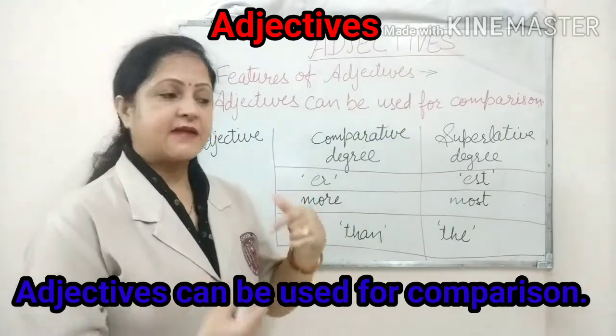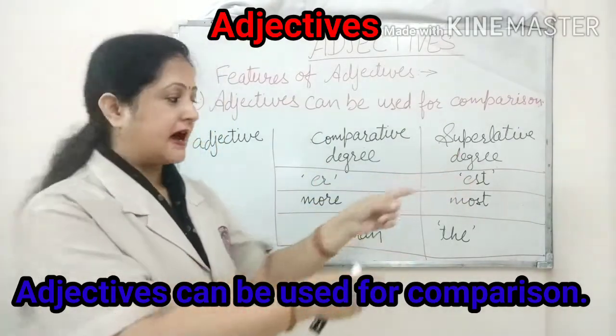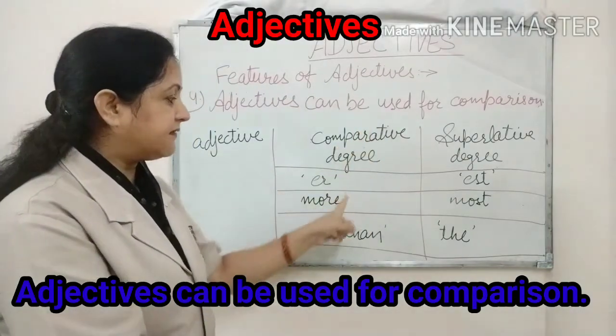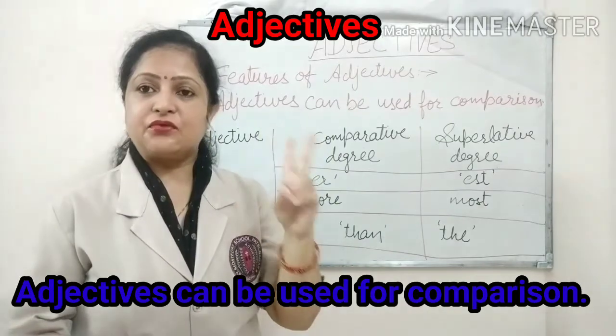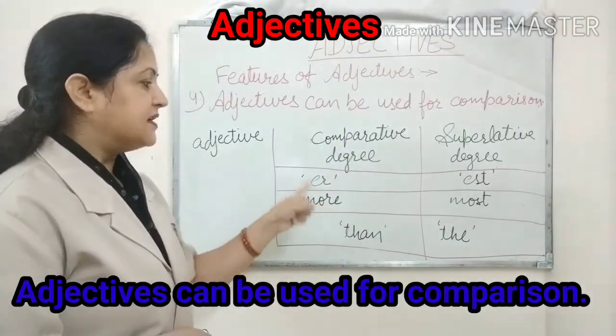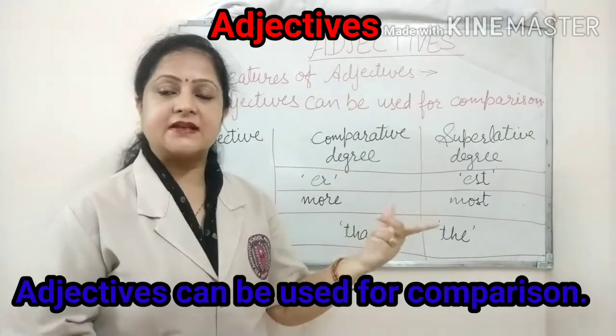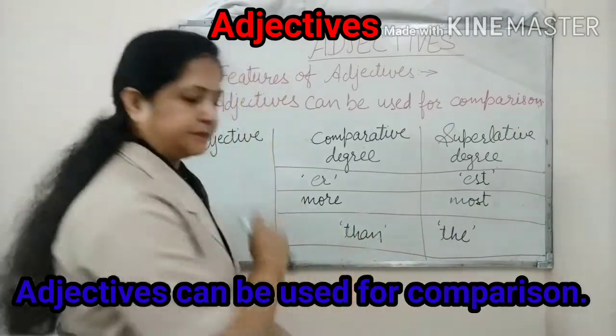Now I am saying Ram is more intelligent. I am using the comparative degree, as I am comparing the intelligence of two people here. That's why I am using comparative degree here. So I am saying Ram is more intelligent than Shyam.